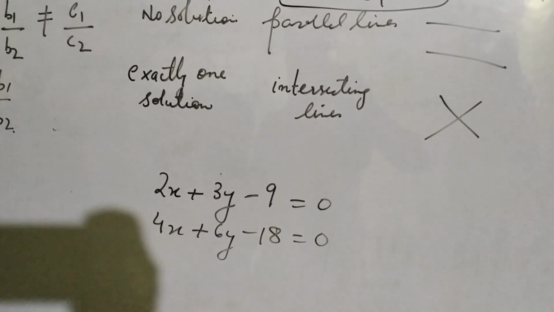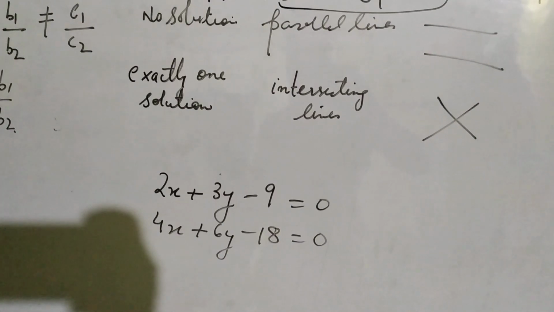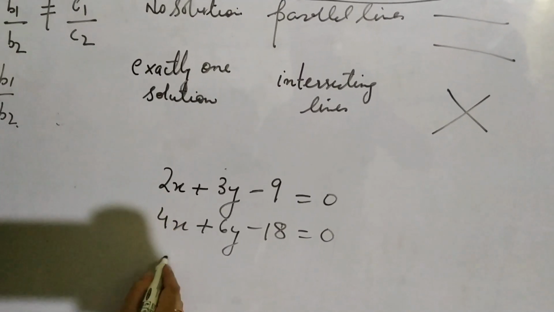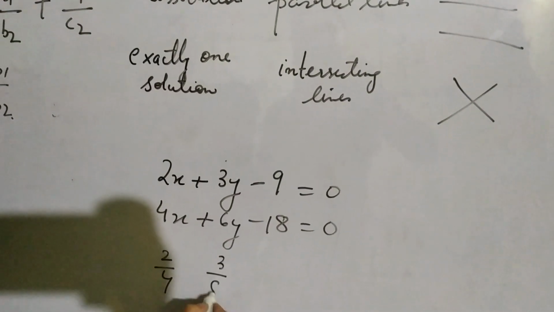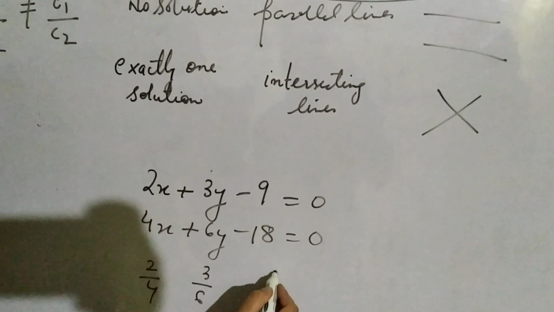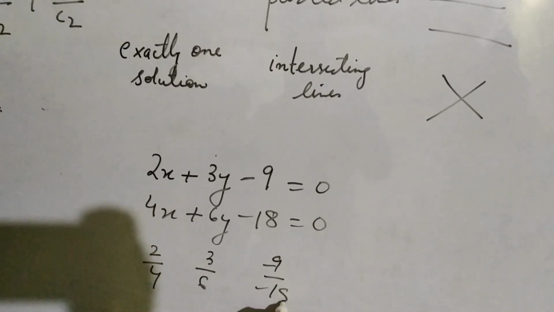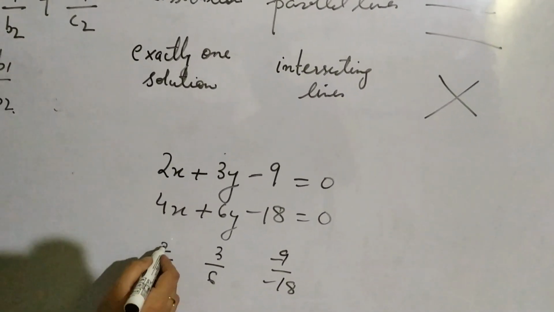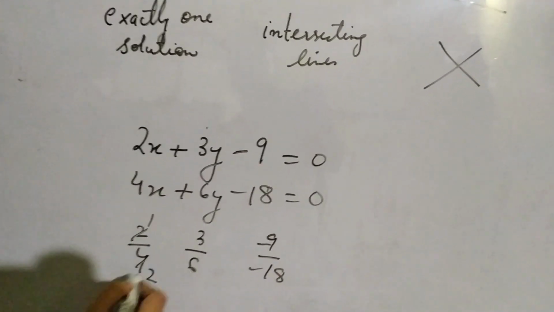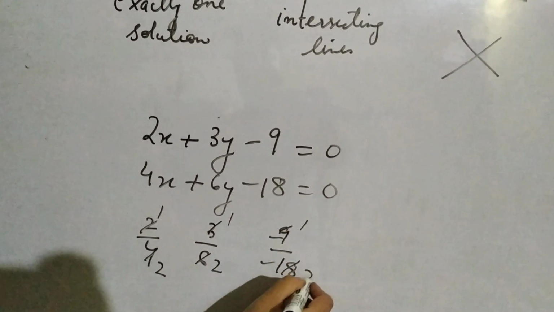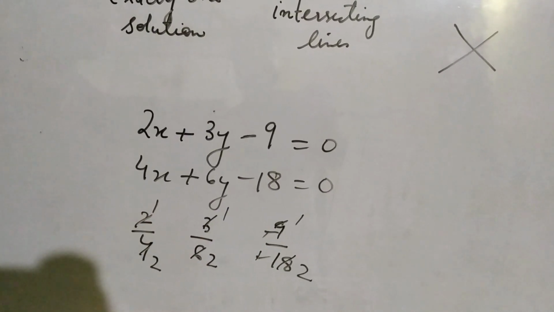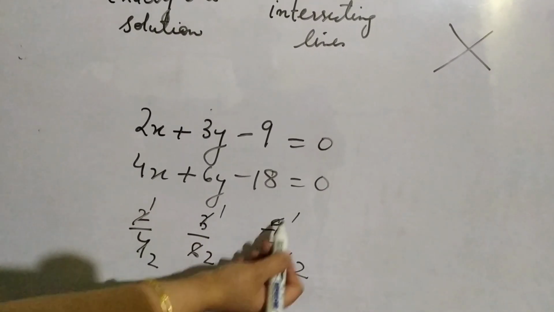This is also a pair of linear equations in two variables, and we find a1 upon a2, that is 2 upon 4, b1 upon b2, that is 3 upon 6, and c1 upon c2, that is minus 9 upon minus 18. If we solve it, 2 ones are 2, 2 twos are 4, 3 ones are 3, 3 twos are 6, 9 ones are 9, 9 twos are 18, minus and minus cancel out. So it is 1 upon 2, 1 upon 2, 1 upon 2.